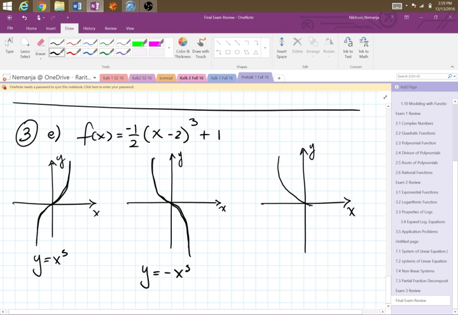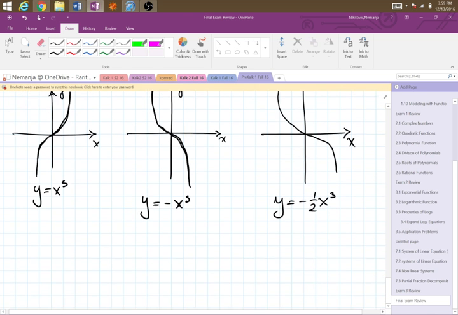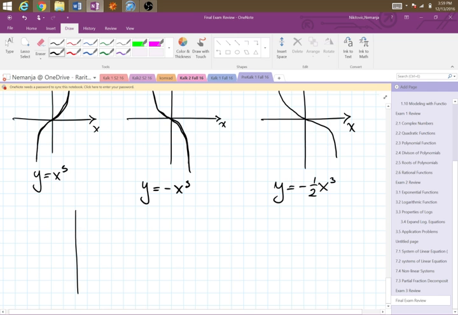Just make it a little bit fatter, I guess. You can't unless you compute points and then dot, then it's just annoying. Move everything to the right 2 units. Squish vertically. And the last one is to move up 1.